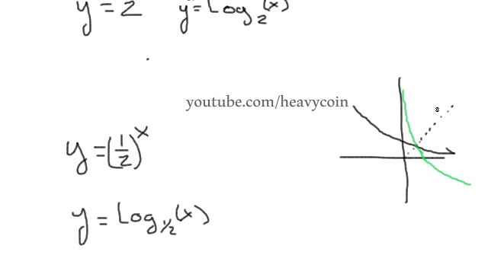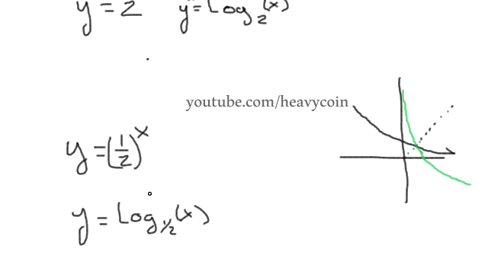Remember both these graphs are a mirror image about y is equal to x right here. Okay, so this is just a little summary on how to graph logarithmic functions and exponential functions, and noting that these are inverses of each other.